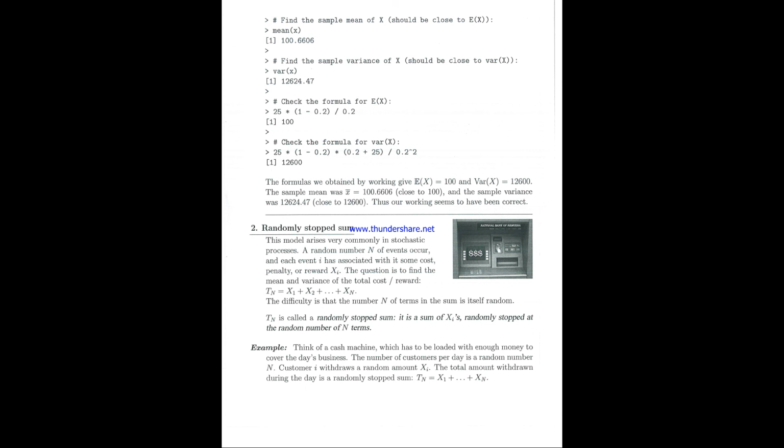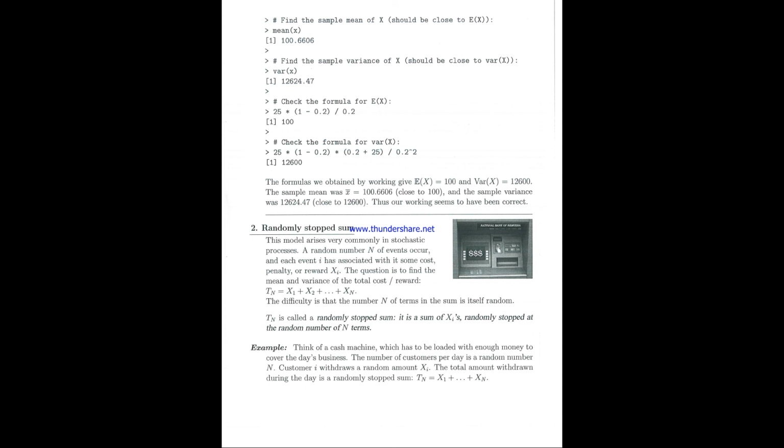So if you have N number of events and each event is associated with a cost or a penalty or a reward, we are going to find out the total cost or the reward. That's what we do in this randomly stopped sum.